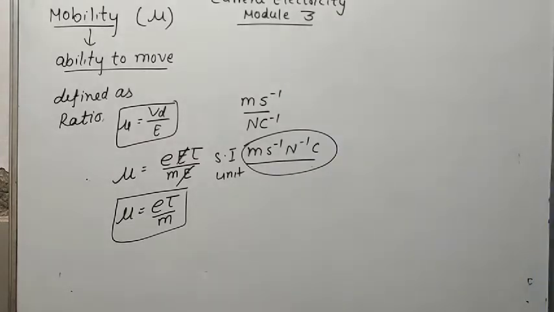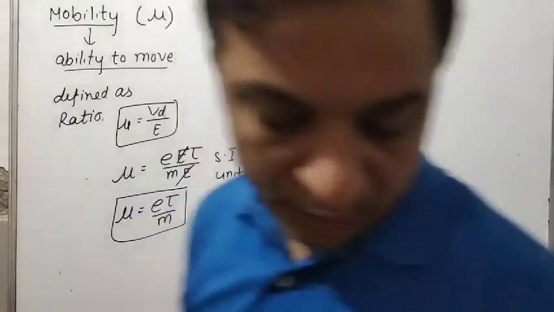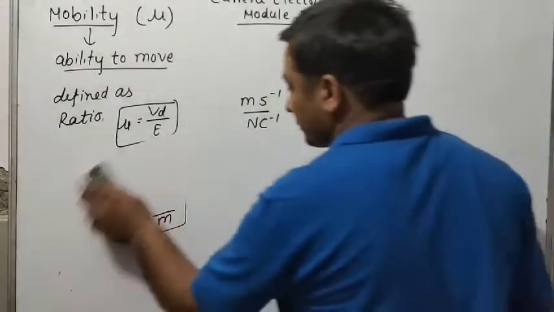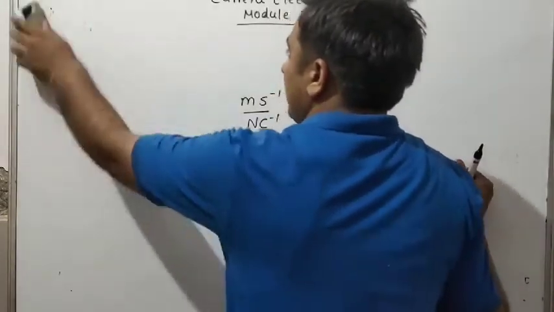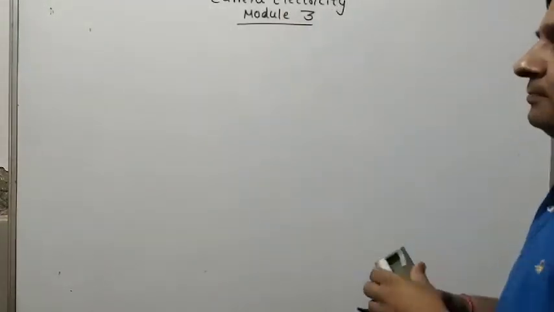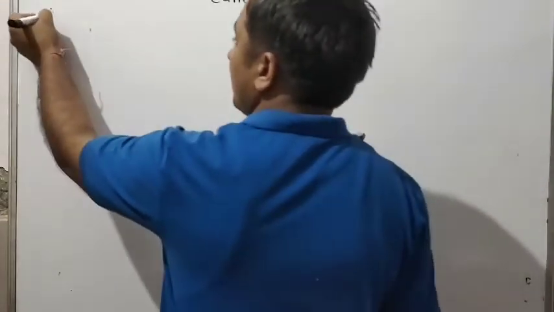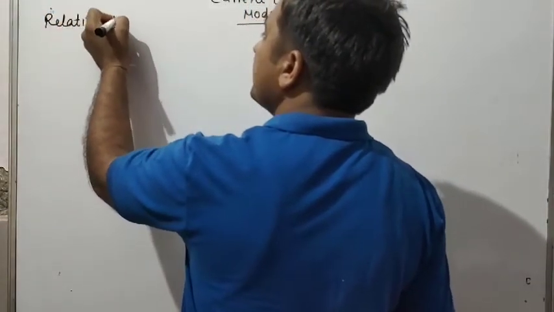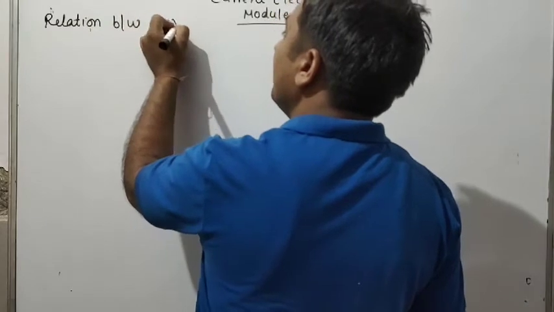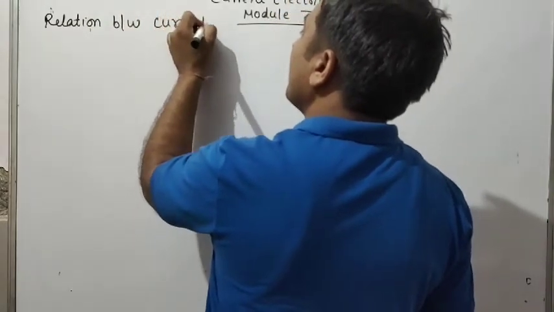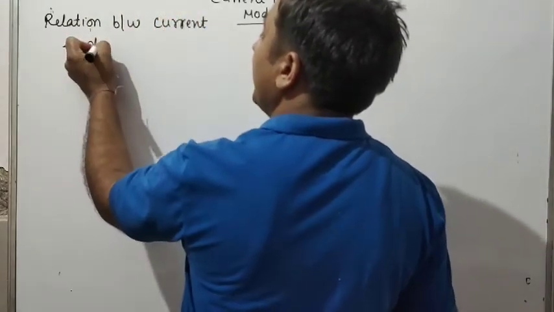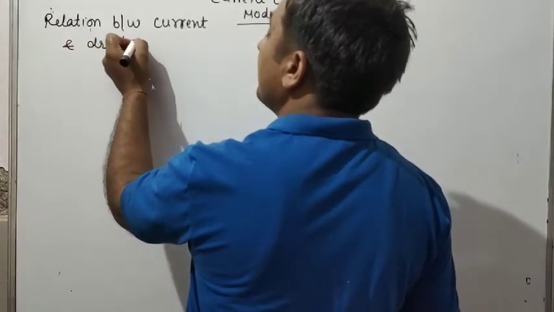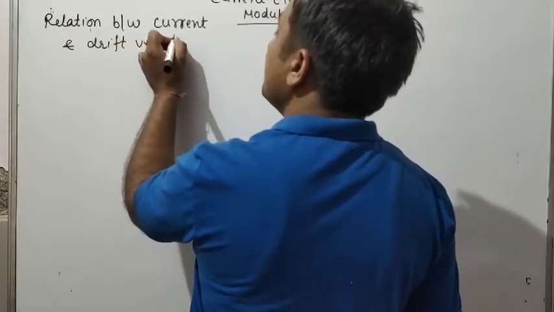Now the very important relation: there is a relation between current and drift velocity. Another relation between current and drift velocity.